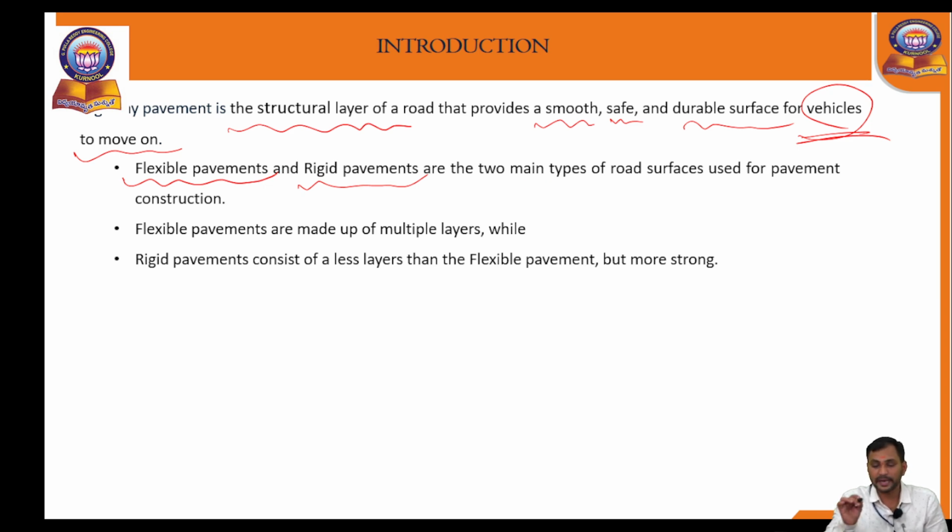There are two main types of road surfaces used for pavement construction. Flexible pavements are made of multiple layers. For constructing any type of road, we have to start from the base, with a number of layers: the subgrade layer, then sub base layer, base layer, and surface layer.